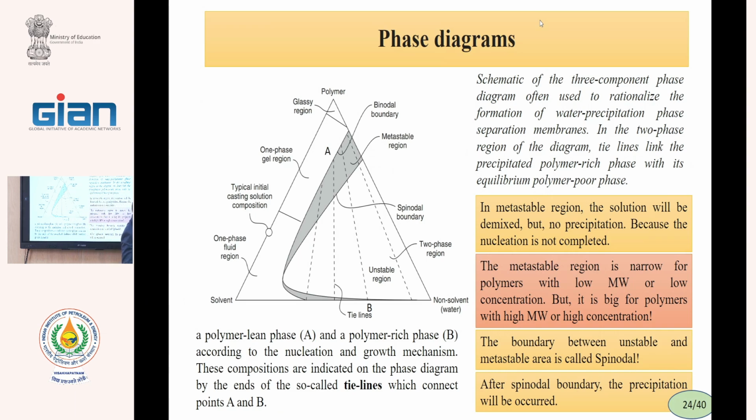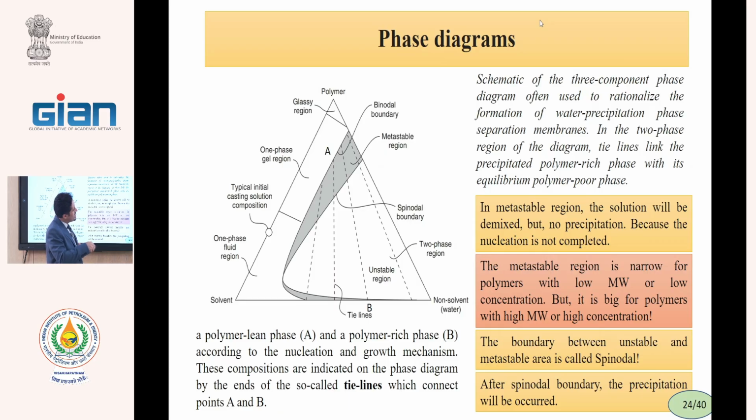But with further addition of water, when we reach this line, which is named the binodal boundary, the stable polymeric solution starts to become unstable, but not completely unstable. We say metastable, between unstable and stable. This white area is stable, this gray is metastable, and this area is unstable.